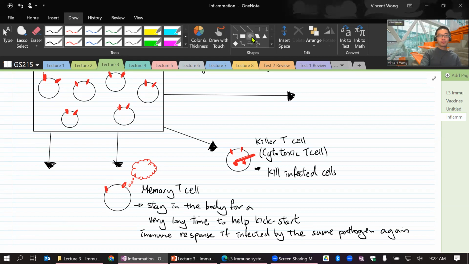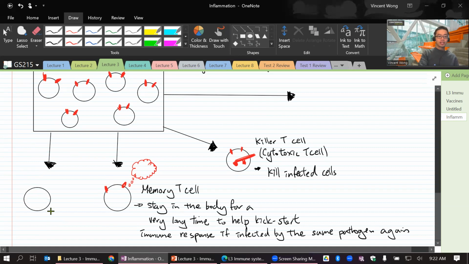And when this is all finished, when you clear the infection, you want to stop the white cells from dividing. You want to stop the clonal expansion and all that. This is where you need another type. This guy is going to be holding a stop sign.